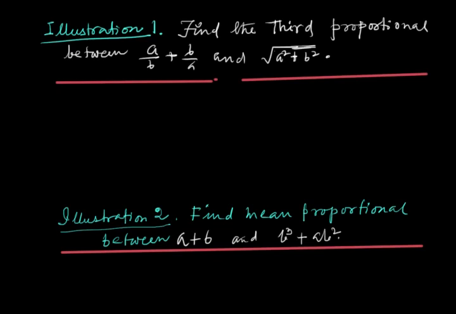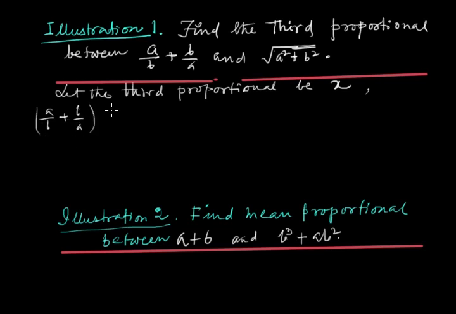So we'll let the third proportional be X. So we can write A by B plus B by A is to root over A square plus B square is to X.